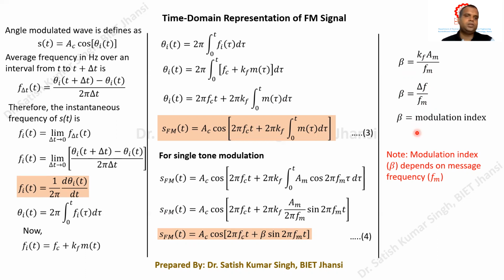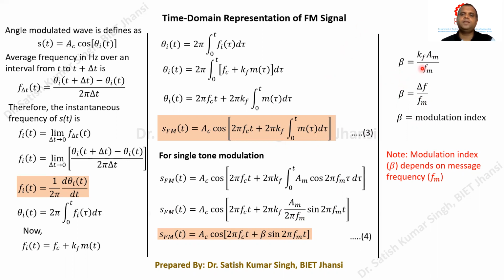I hope it is clear how to get these equations. This is the standard equation for single tone modulation. One observation we have to make is that we also defined the modulation index for conventional AM, mu equals k_a A_m.